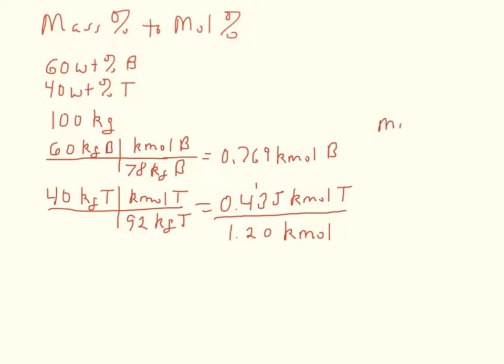It gives me the mole fraction: 0.769 kilomoles of benzene divided by the total number of moles, and that will give me 64.1%. The ratio is 0.641, so that's 64.1%. And likewise for the toluene, it's just 100 minus this, 35.9 mole percent toluene. So that's the toluene, this is the benzene.